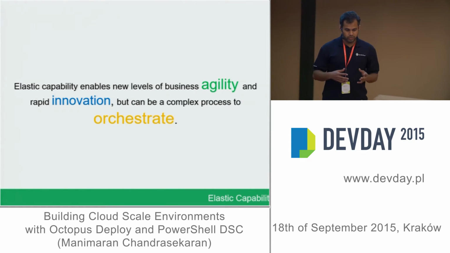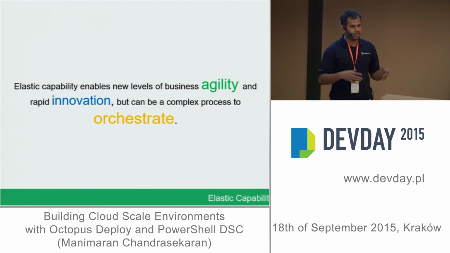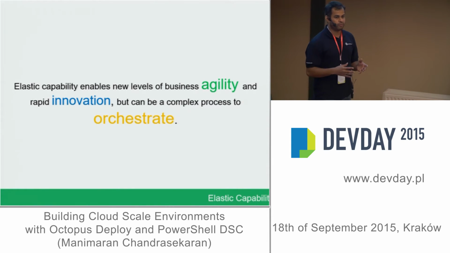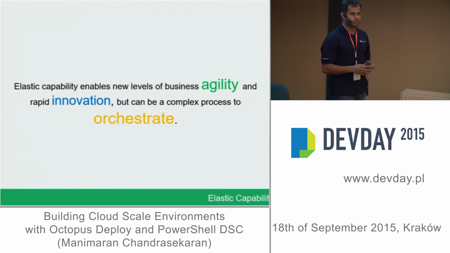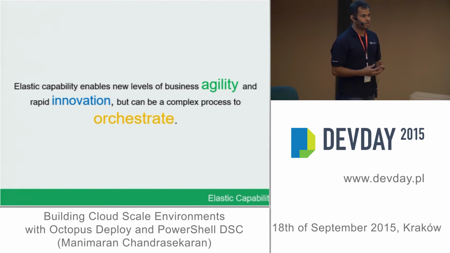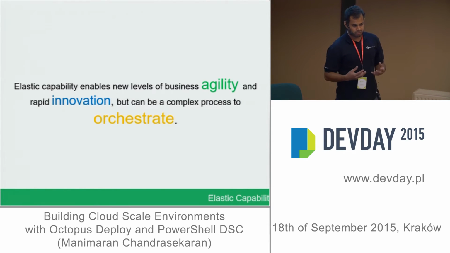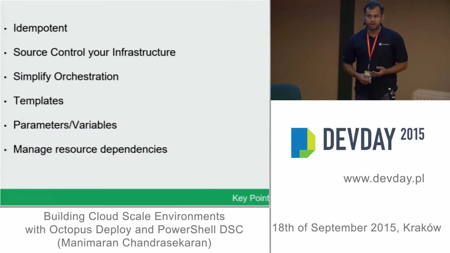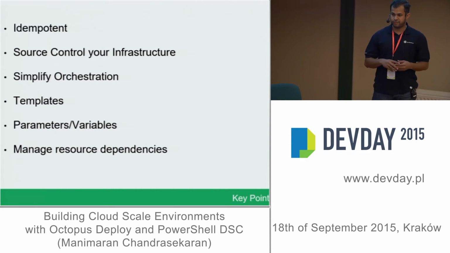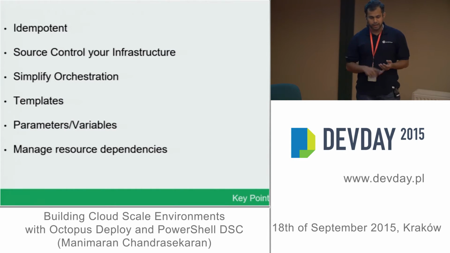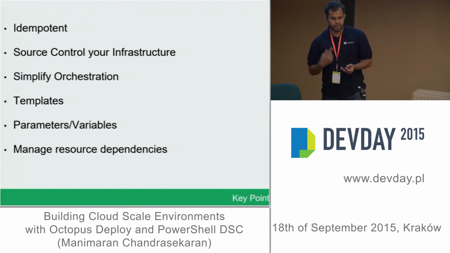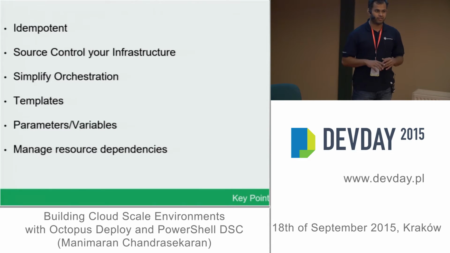So by creating the templates and using a parameterized way, you have the capability of provisioning IaaS resources as well as PaaS resources, and it gives you that flexibility. All these ARM templates which Microsoft has created are idempotent, and this idempotent concept applies everywhere.